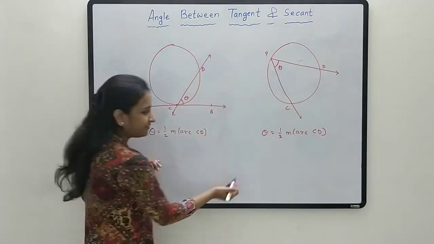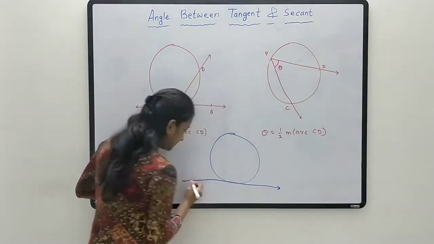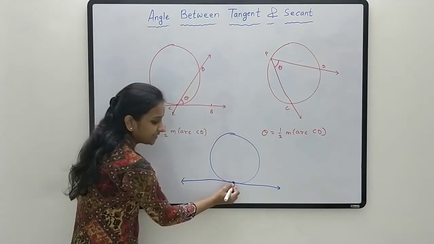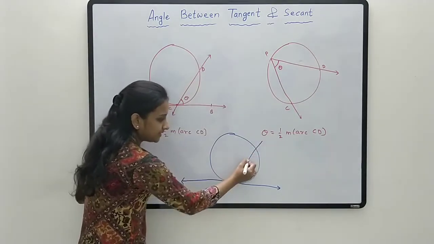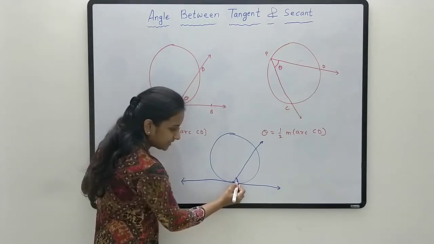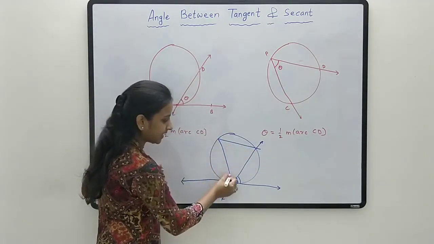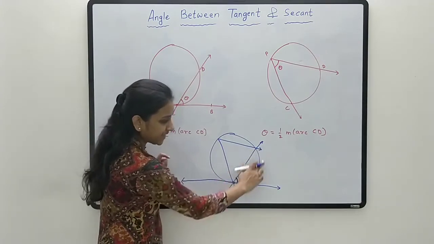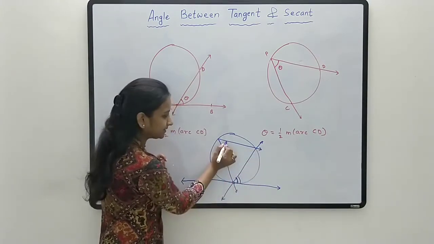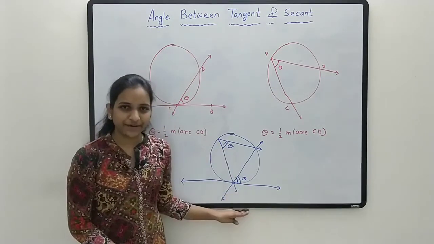So, combinedly, we can draw a diagram like this. Say this is the circle, this is a tangent, and at this point of contact, say this is the secant. This angle is equal to this inscribed angle for the same intercepted arc. So this angle is also theta and this angle is also theta.